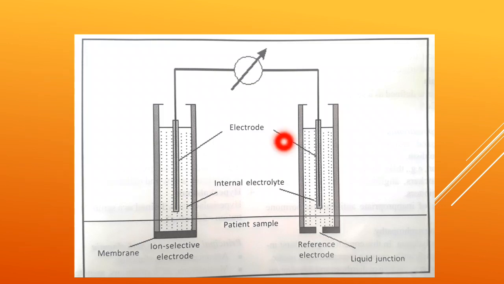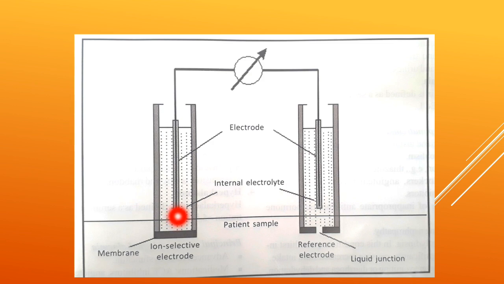Here you can see the ion selective electrode and the reference or standard electrode, which contains a silver wire coated with silver chloride, dipped in the solution. This is the standard electrode, and here is the ion selective electrode, which contains a membrane that is permeable only to the specific ions.